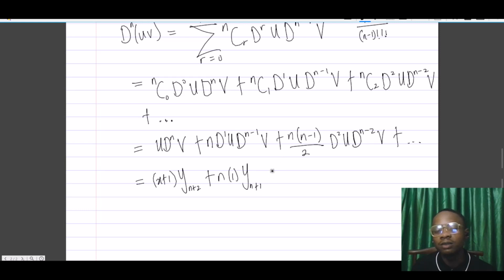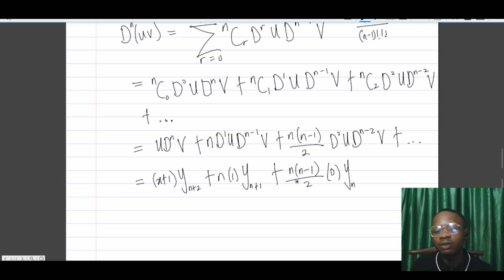And then the next one will be plus n into n minus 1 divided by 2, and this is going to be the squared u. The squared u, that's the derivative of 1, which is 0. We have this up there already, so we can just bring it here. Then we have y sub n plus 2, so I will replace this n with n minus 2.